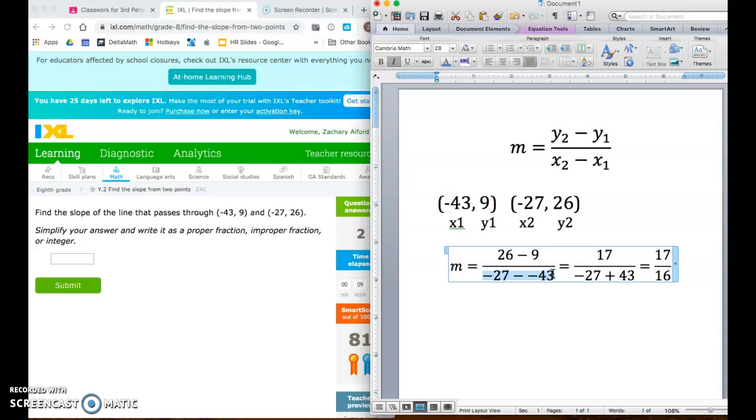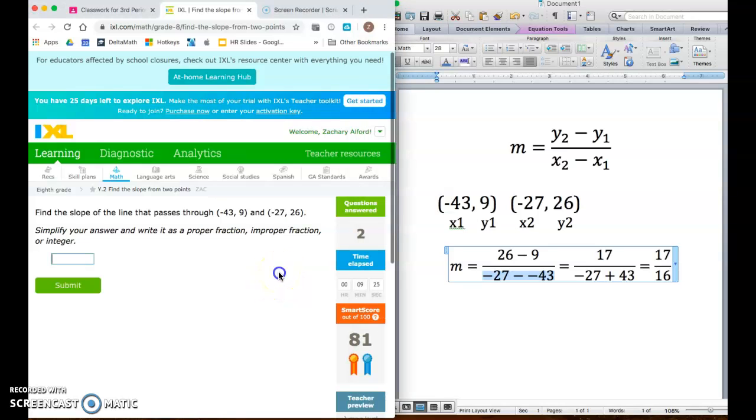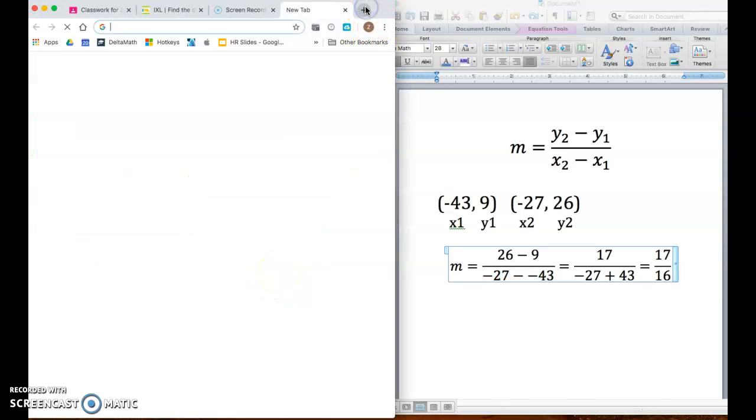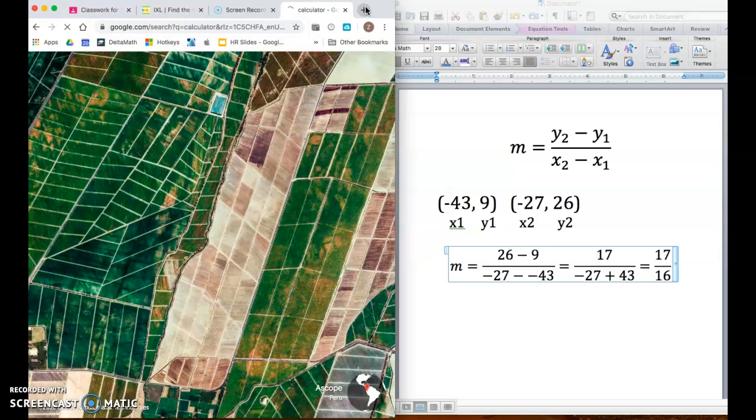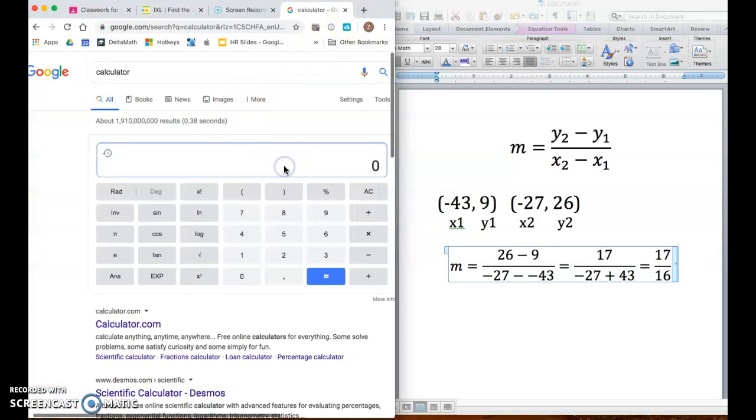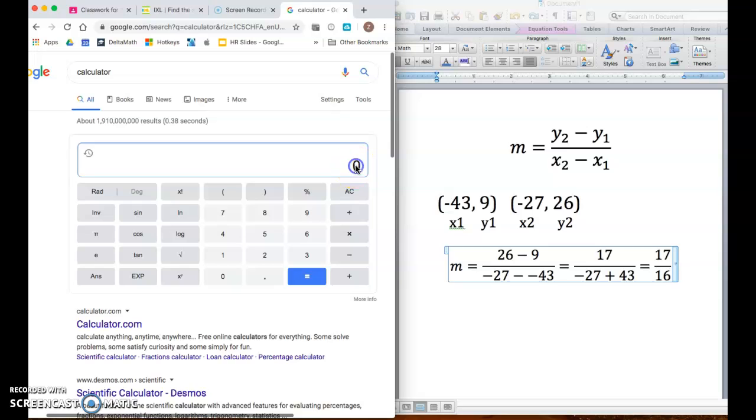We can just go and check that I did it right in the calculator. So I'm just going to take negative 27 minus negative 43. I'm going to go to Google's calculator. Oh, didn't work. Okay. I didn't write that correctly.